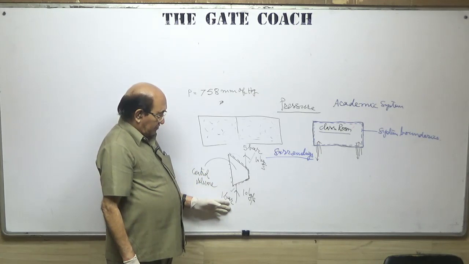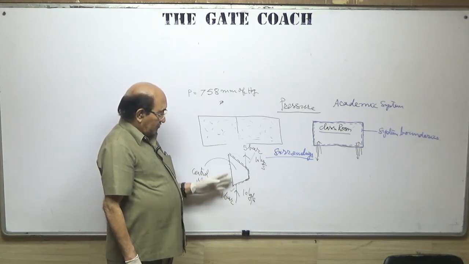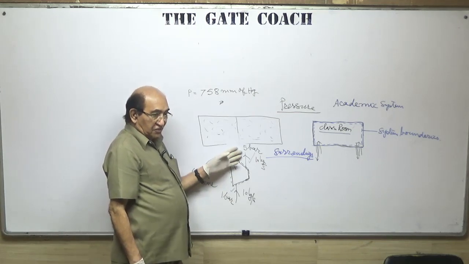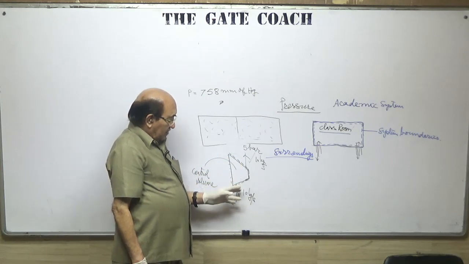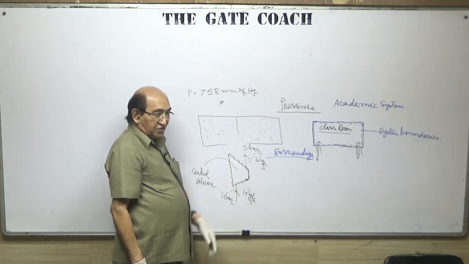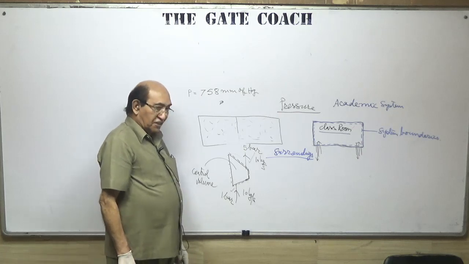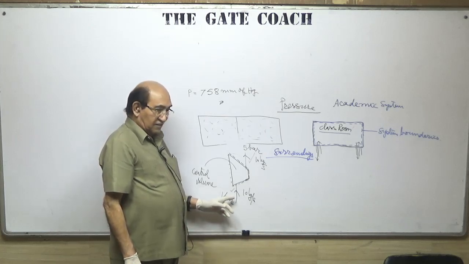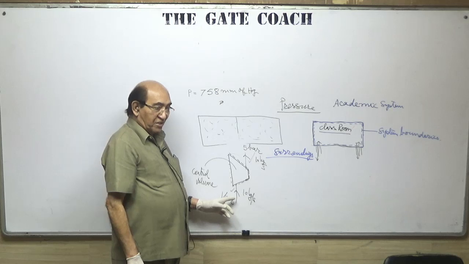For this pressure, we should know the temperature. When pressure increases, the temperature shall also increase. And now we have to see the masses and their corresponding volumes. And when you see that there are significant changes, then we will say that density is an extensive property.